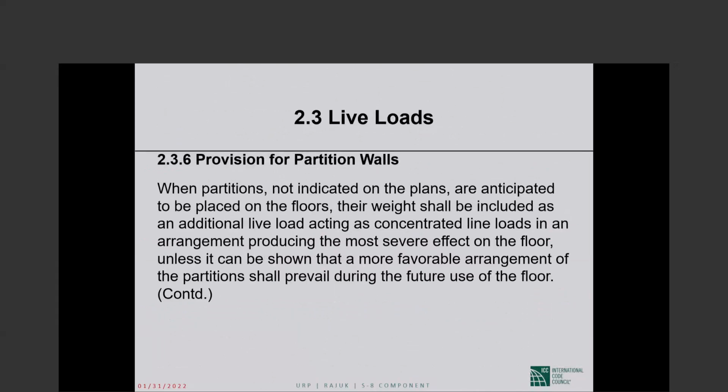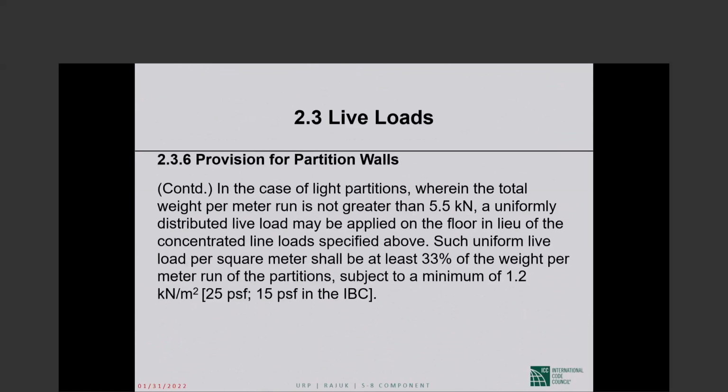The partition walls, the movable walls that I was talking about: when partitions not indicated on the plans are anticipated to be placed on the floors, their weight shall be included as an additional live load. This is a live load acting as concentrated line loads. This again is not what I typically see. What people do is this minimum.